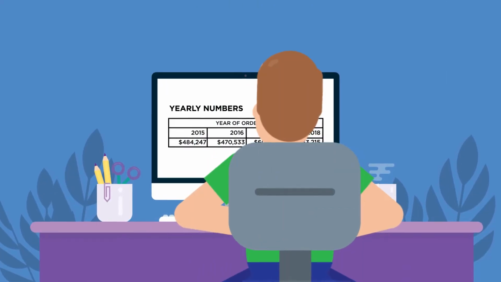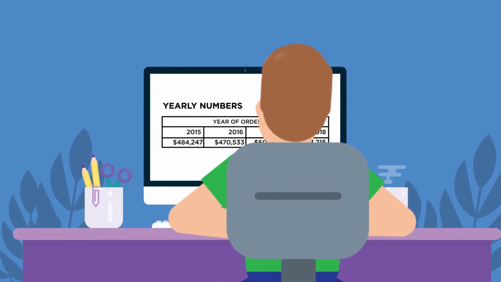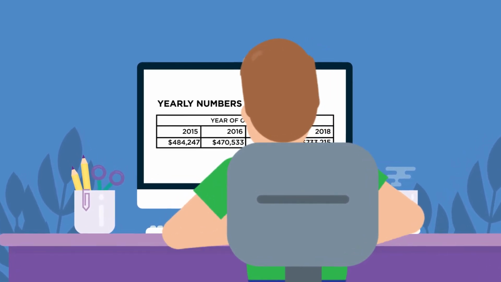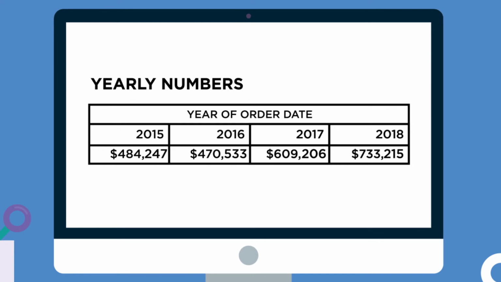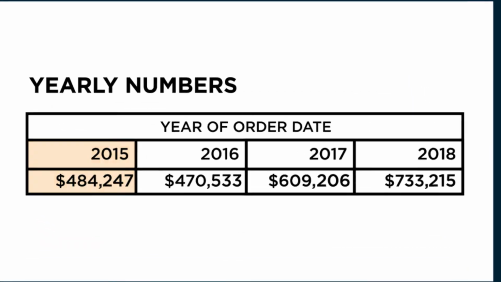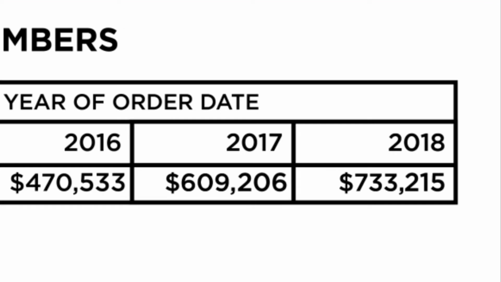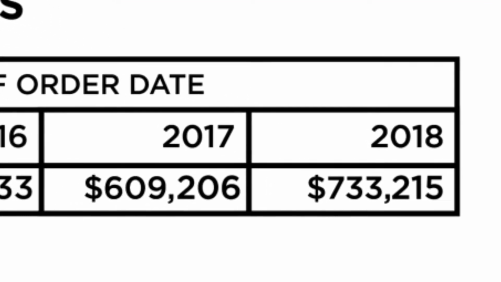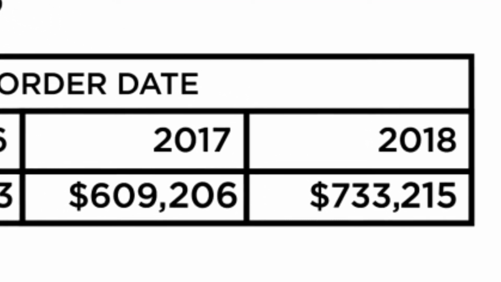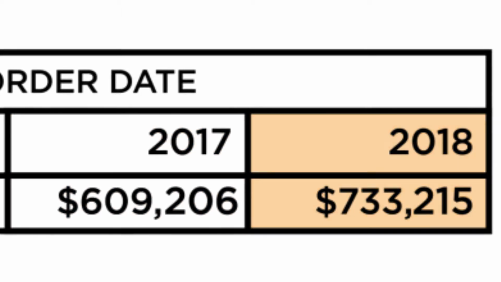The first step to analyzing the data is by looking at simple aggregated numbers. So let's take a look at yearly sales. The yearly sales show a positive trend, which means there has been a rise in sales throughout the time period. Now, let's focus specifically on the sales data for the last 2 years, 2017 to 2018.